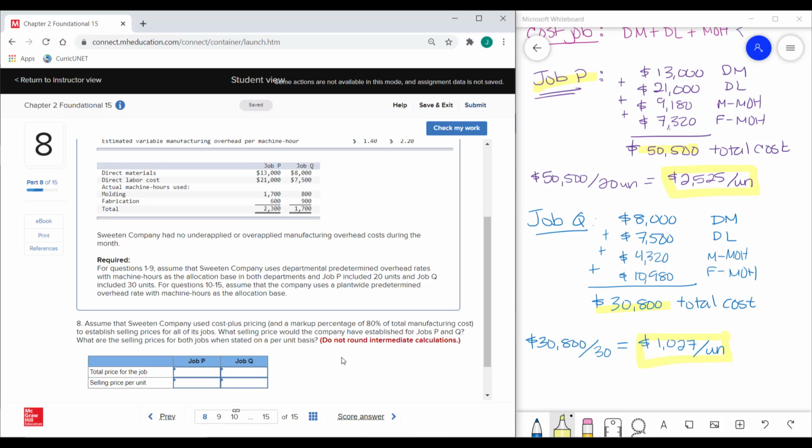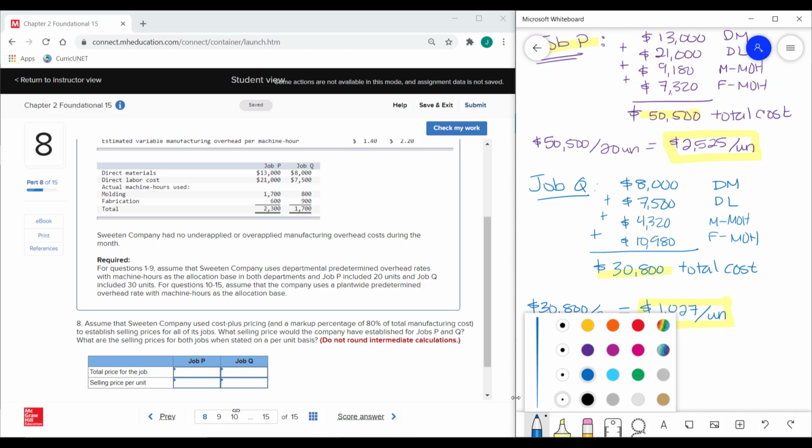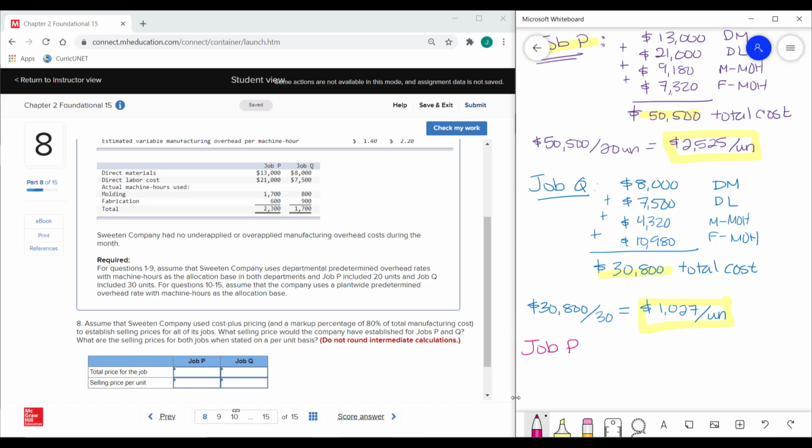So we want to make 80% of its cost in profit. So to illustrate, let's look at job P first. We'll take a different color here. So we'll do job P, selling price. Okay, so for job P, what is the overall cost of job P? We determined that to be $50,500, right?